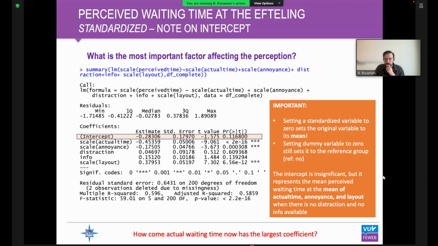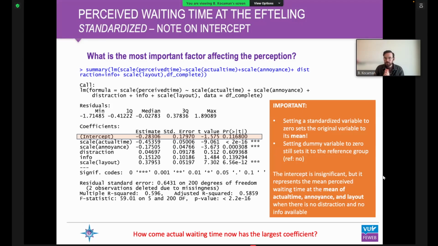Yes, indeed, the reference group is no because these two, distraction and information, are dummy variables. So the dummies are not set to their mean because they are not metric variables, right? Logically, the mean is not defined for a nominal variable.